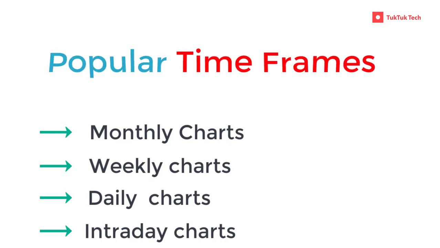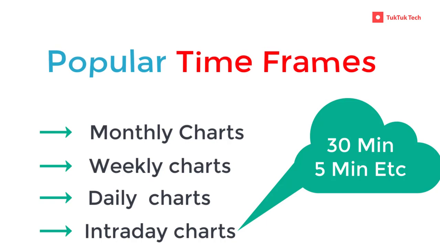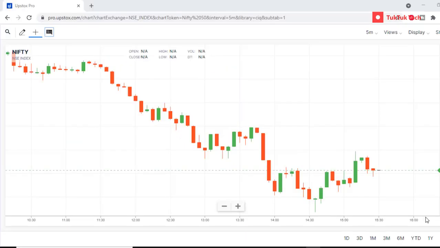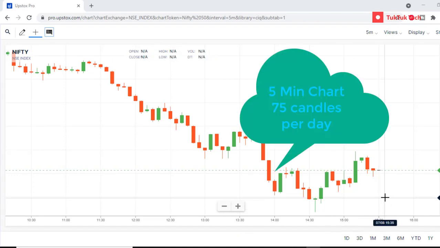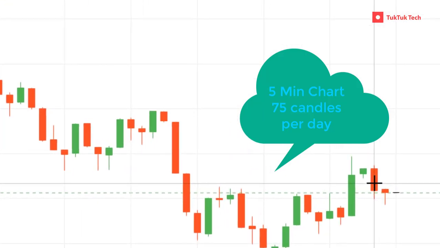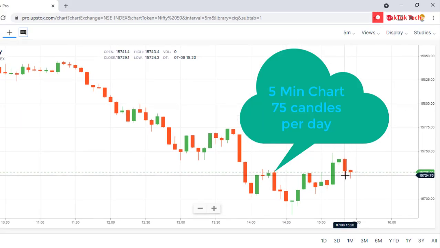Daily or end-of-day charts. 4. Intraday charts. It can be further classified into 30 minutes, 15 minutes, and 5 minutes. In a 5-minute chart, each candle represents the open, low, high, and close for 5 minutes.